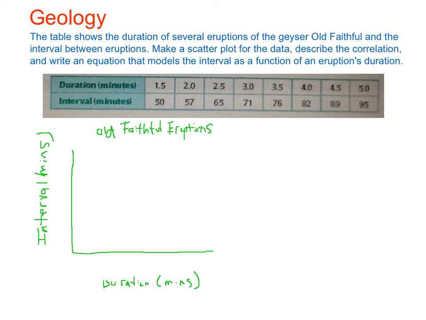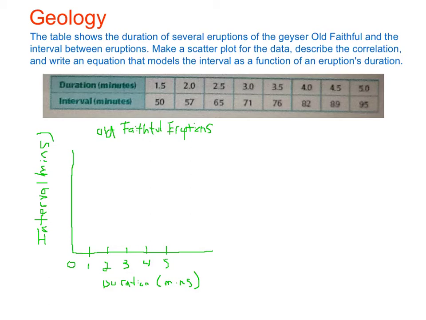And now I got to set up some intervals. Looking at the x-axis duration in minutes, I'm going to start here. This is going to be 0. Going to go up by, looking at the table, it goes from 1.5 to 5, so I'm going to go up by ones. So this will be 1, 2, 3, 4, 5. Looking at the y-axis, it starts at 50 and goes up to 100.